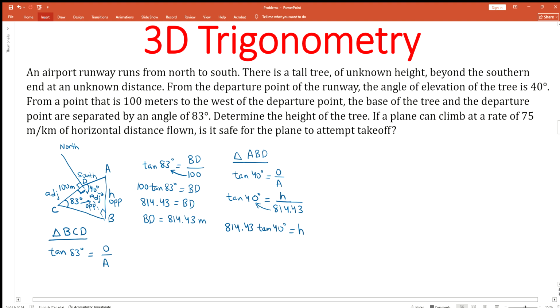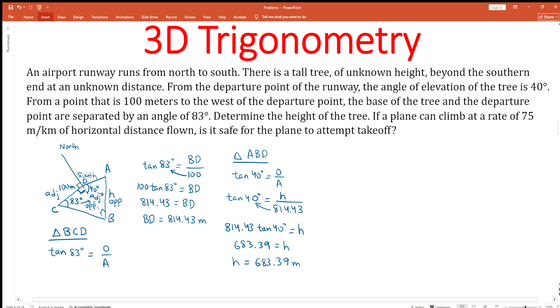I get 683.39 rounded to 2 decimal places. So the height of the tree is 683.39 and the unit is meters. This should be the final answer for the first part.